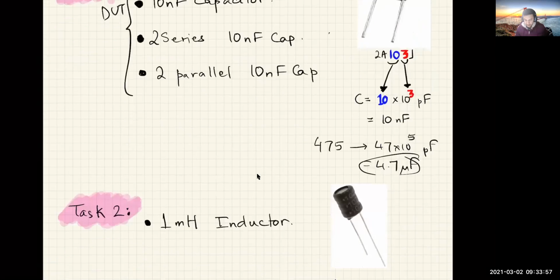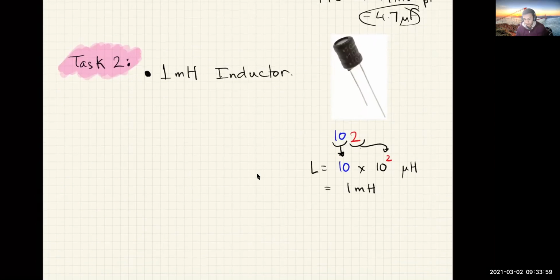Okay, in task two, you're going to do the same experiment, but use a 1 millihenry inductor instead. An inductor in your kit looks something like this, and some inductors also look like a blue cylinder with two leads, obviously.